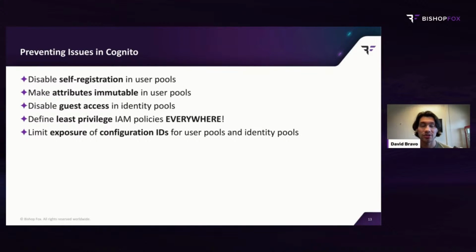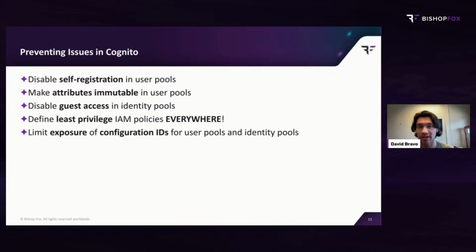If your user pool or your application does not need to have a functionality to sign up new users, make sure you explicitly disable that functionality. If there are custom attributes that you've assigned to users in the user pool, make sure you make those immutable or don't let users modify the attributes. There might be unintended consequences.